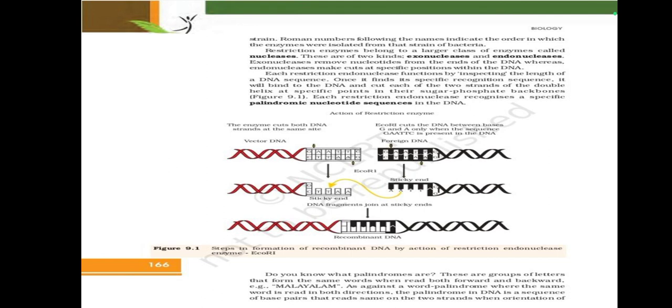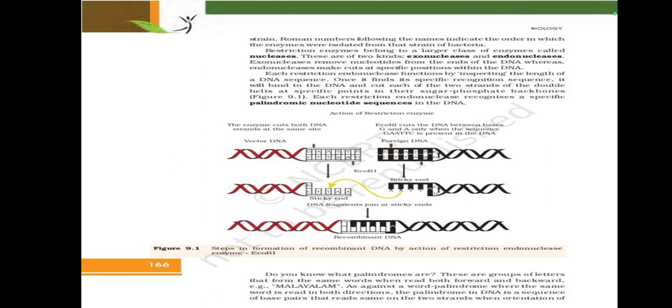Do you know what palindromes are? These are groups of letters that form the same words when read both forward and backward. Example, Malayalam, as against a word palindrome where the same word is read in both directions.